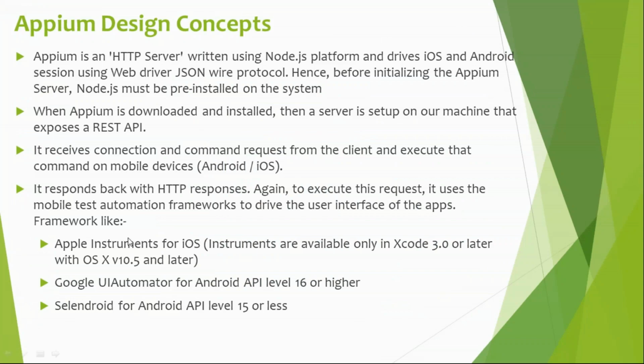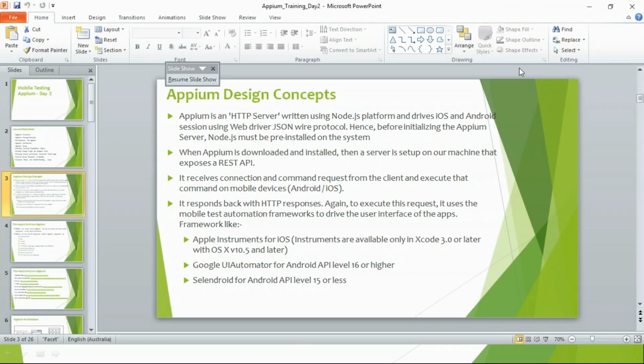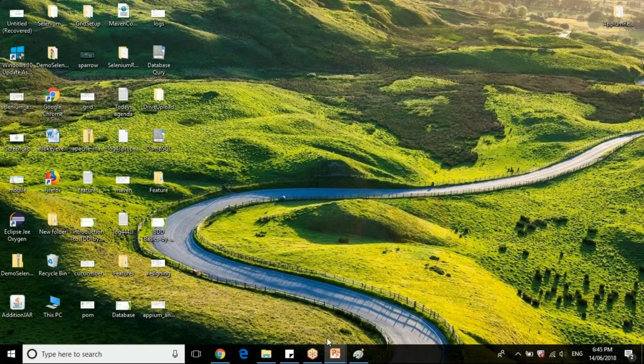So these are the design concepts we were discussing. It uses an HTTP tunnel to forward requests and responses, and for Android it uses UI Automator for API level 16. When I say API level 16, in Android there are different levels.